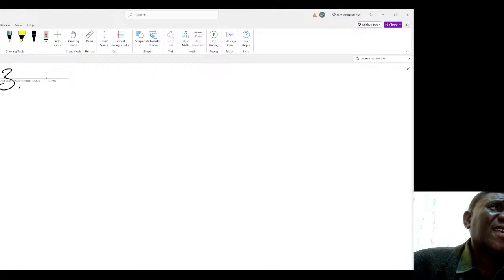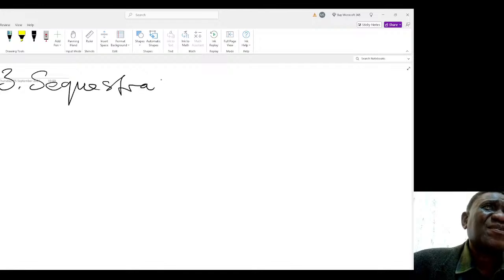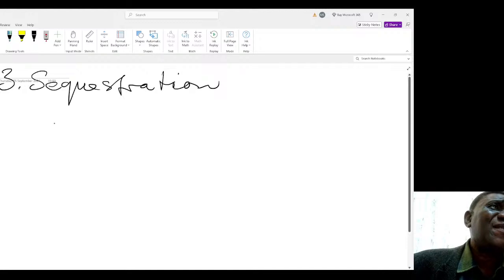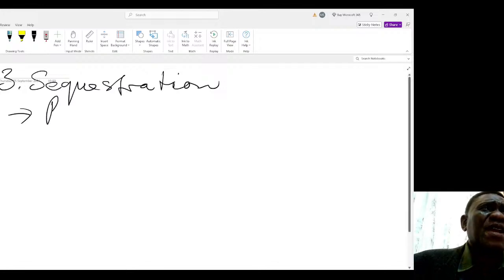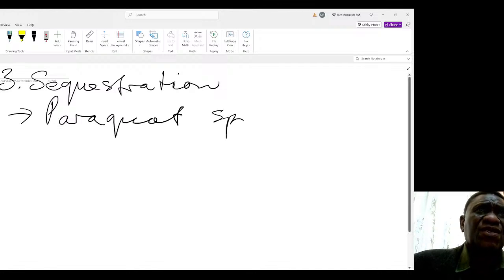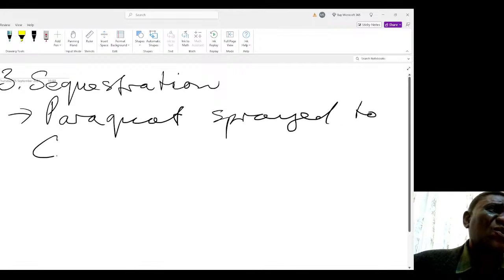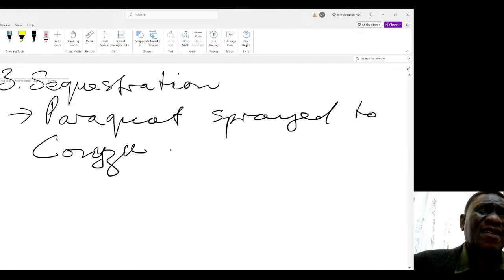The other one is sequestration. Although similar to compartmentalization, here we are referring to what can happen to paraquat sprayed to Conyza bilbaoana.